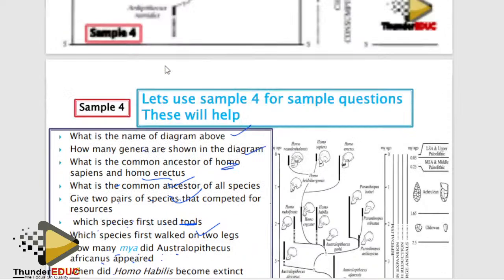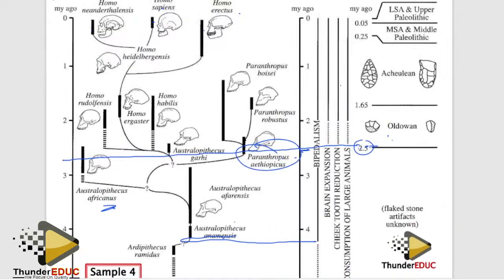So you come back here on the diagram and you see where it appeared. Australopithecus africanus, where is it? Africanus is here. So you find where it appeared.